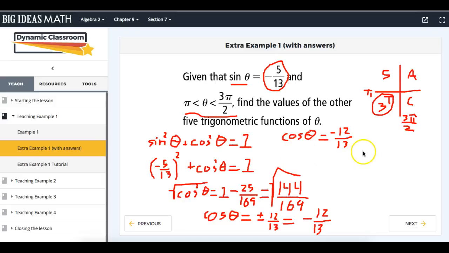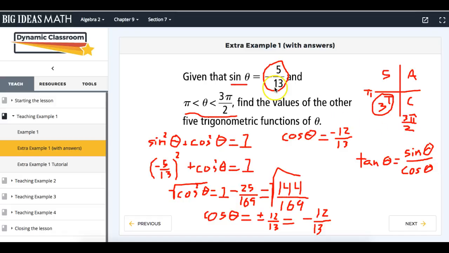Now, for the tangent, remember our other identity: tangent of theta is equal to the sine of theta over the cosine of theta. Since we know both the sine and the cosine, this is easy. We just plug these values in.